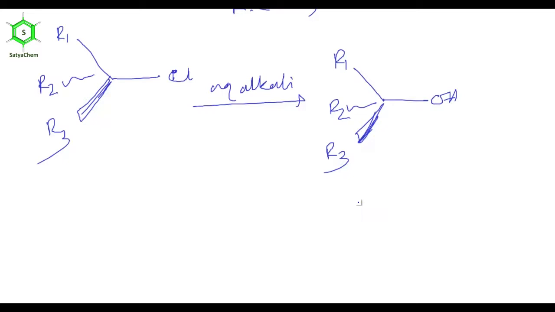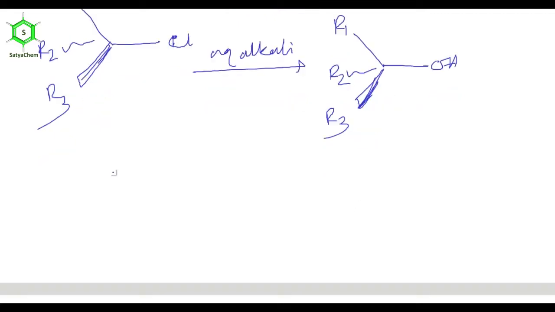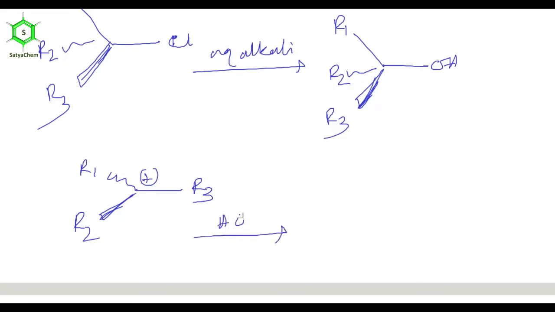Why? Now I am going to explain. Intermediate is carbocation, and which is planar. Now the nucleophile, here it is HO minus. Suppose I am considering HO minus.